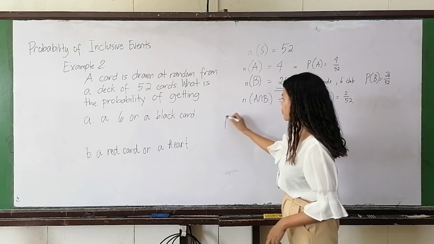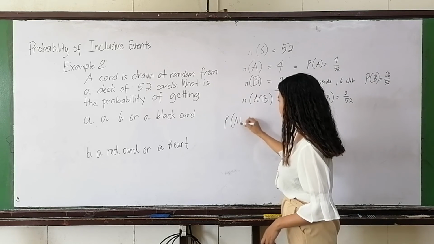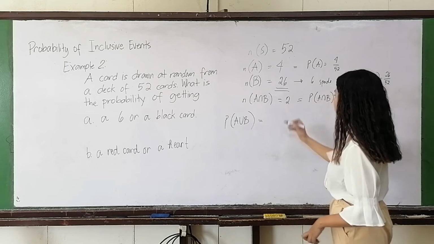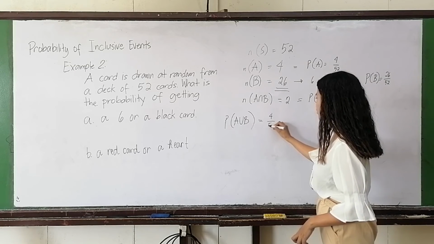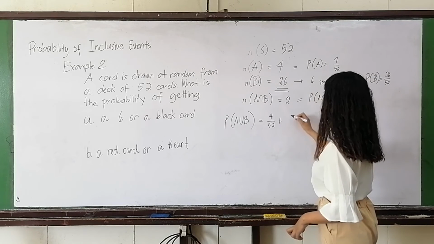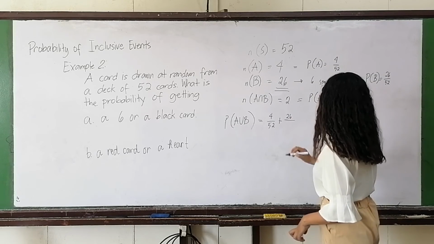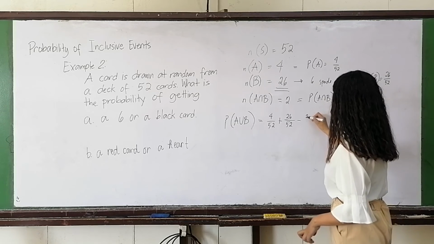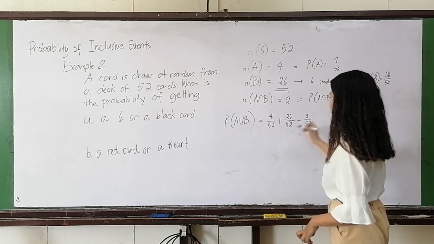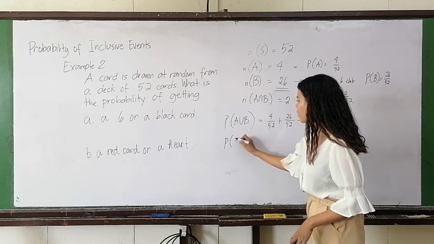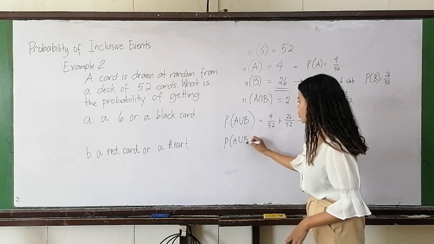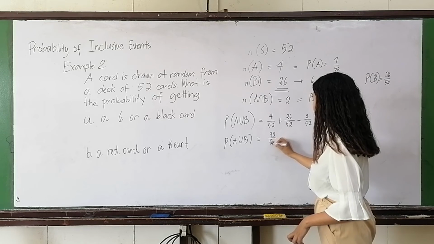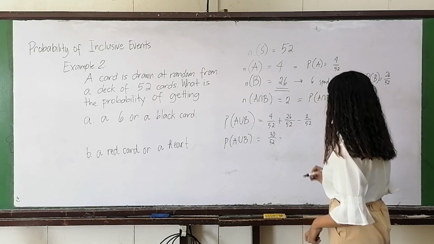So we have the probability of A union B is equal to 4 over 52 plus 26 over 52 minus 2 over 52.